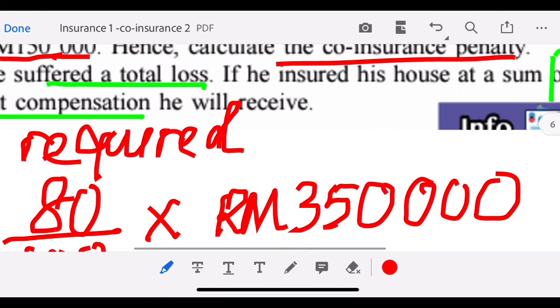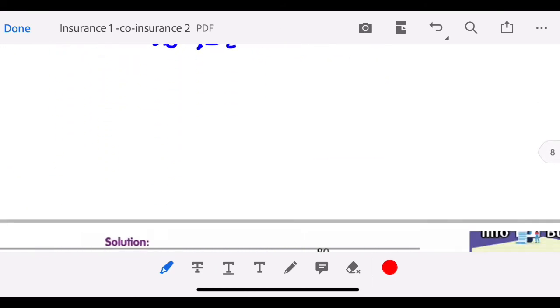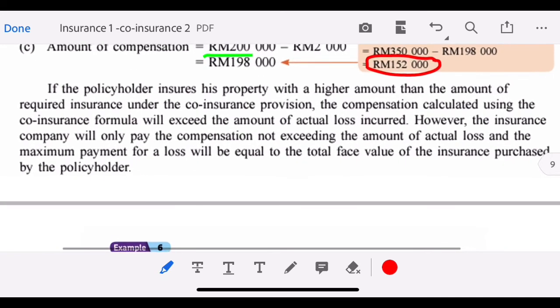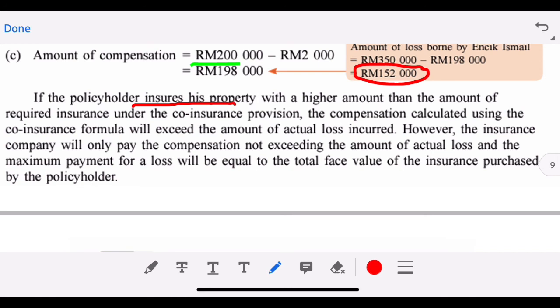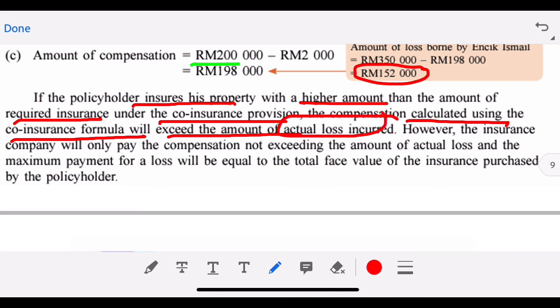What is your answer? Let's see how to explain this. If the policy holder insures his property with a higher amount, 200,000 is a higher amount, than the amount required under the co-insurance provision, the compensation calculated using the co-insurance formula will exceed the amount of actual loss, right? After you minus, the actual loss is 152,000.